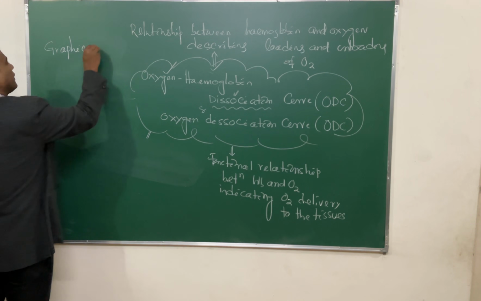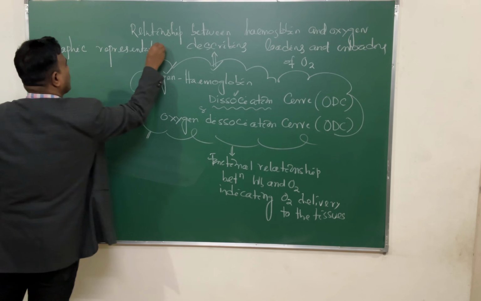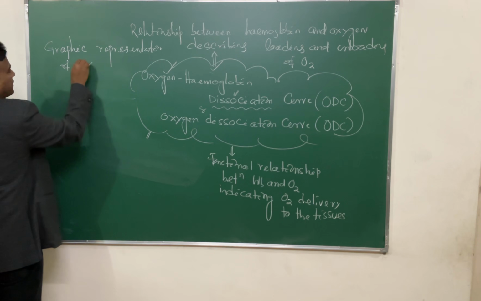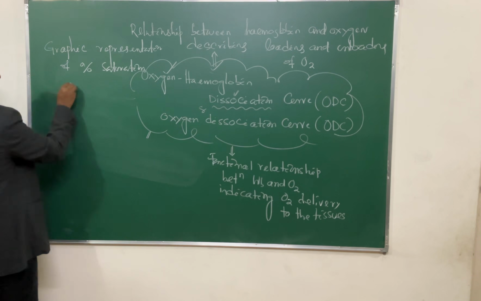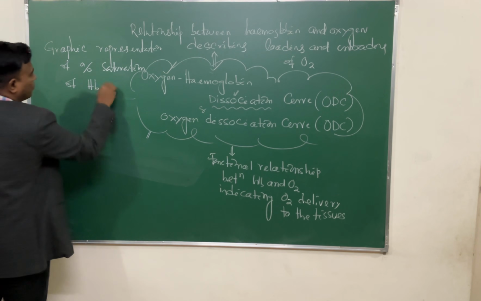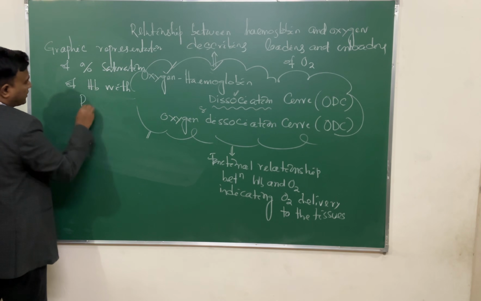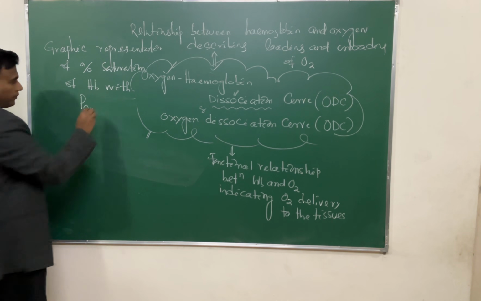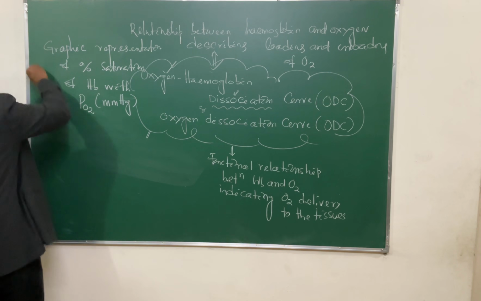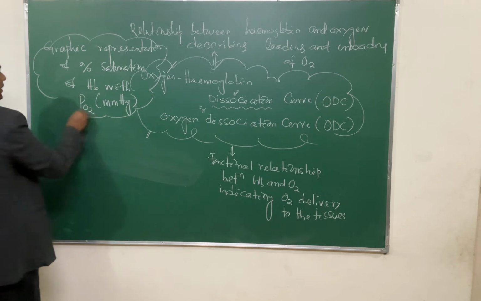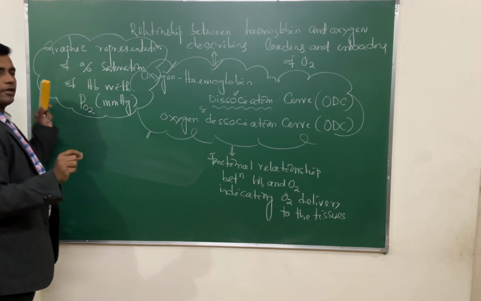It is the graphic representation of the percentage saturation of hemoglobin with partial pressure of oxygen, expressed in terms of mmHg. This is another scientific definition, directly exhibiting the relationship between hemoglobin and oxygen.